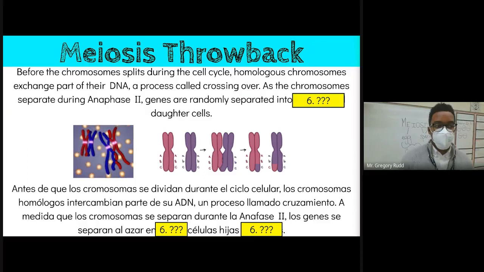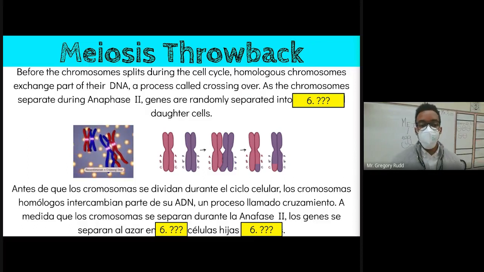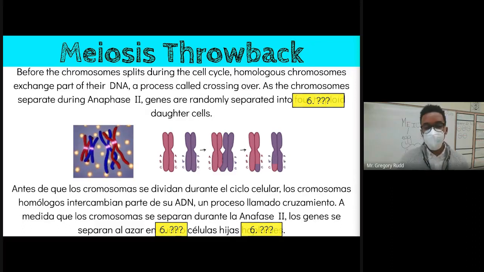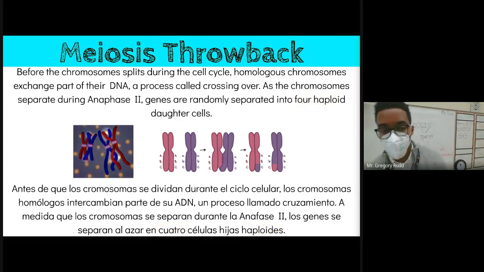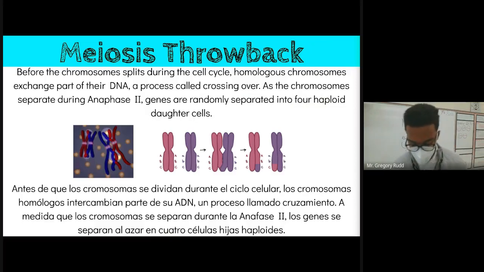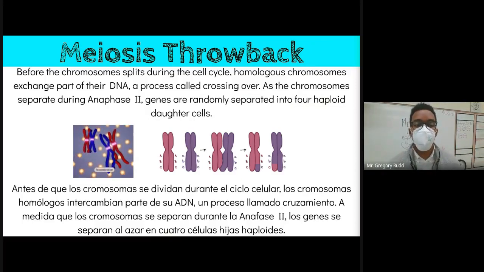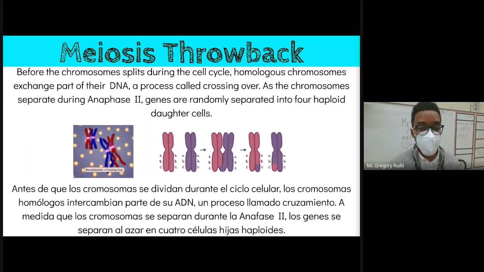As the chromosomes separate during anaphase 2, genes are randomly separated into how many daughter cells? Four. Four daughter cells. So every time a cell undergoes meiosis, we're producing four haploid daughter cells.